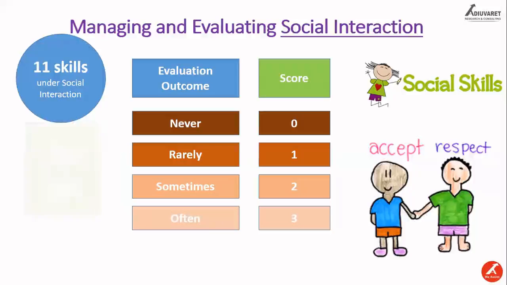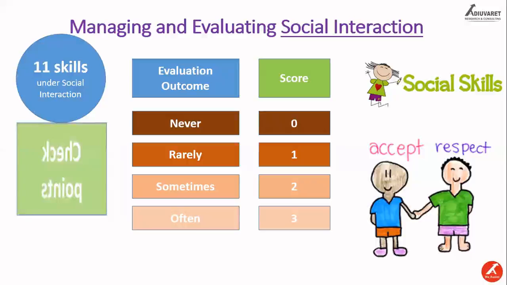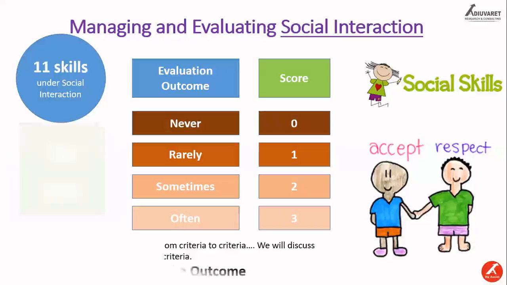Developing these skills is very much possible, and moreover, social skills are a matter of making the child respond in a habitual way. So developing social skills is very important. The only thing is that we have to be very much aware of the various skills under social skill development.